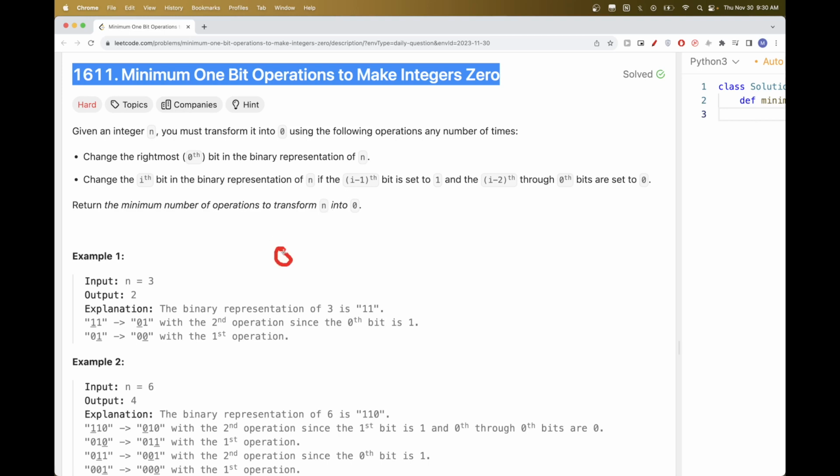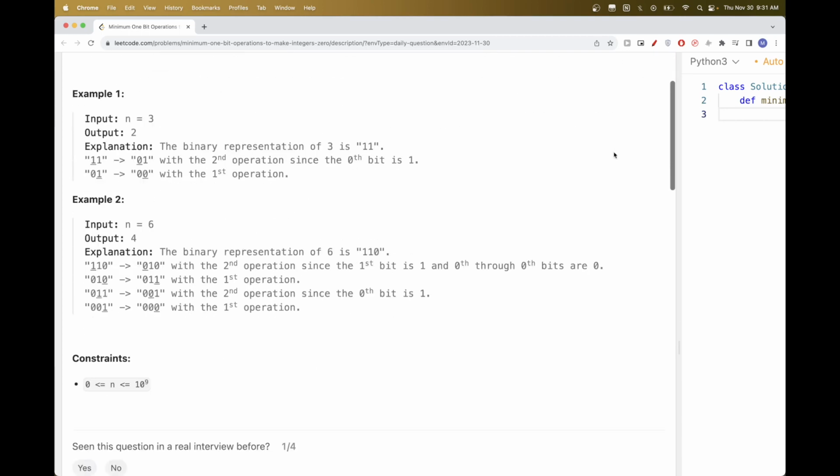Notice that if there is nothing before it, we can consider it as if it was all zeros, so we can still change that bit. Those are the only operations we can do.